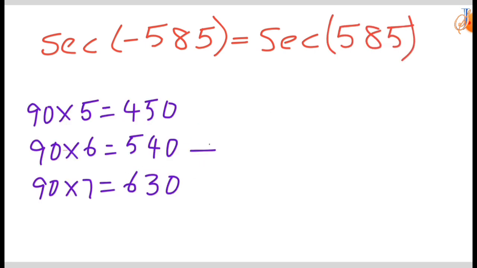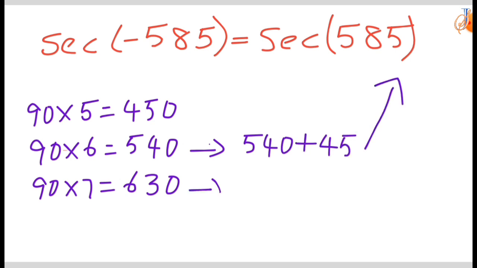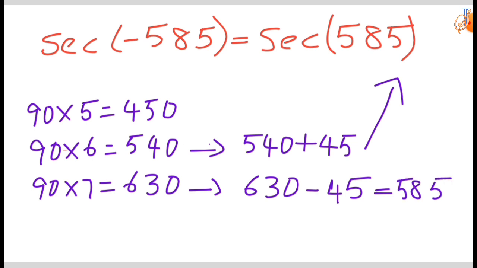For 540, if you add 45, you will get 585. For 630, if you subtract 45, you will get 585. So both cases are the same. You can take any one. Let's take the positive one.